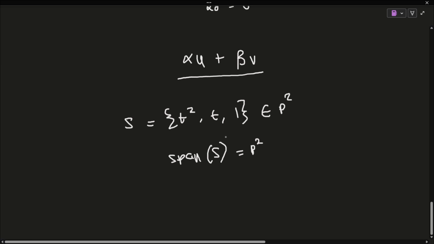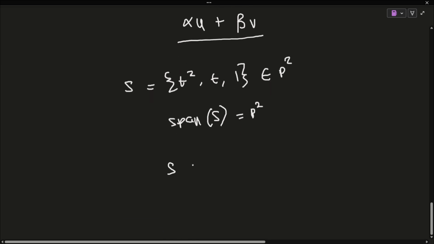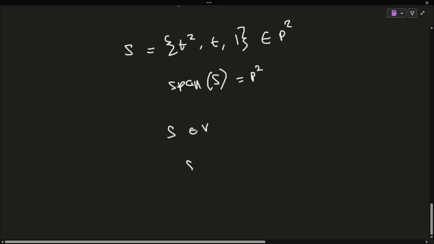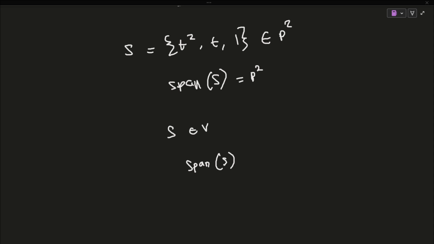And one thing to note here is another theorem. The span of a set of vectors S: if you have S belonging to V, and V is a vector space, then the span of S is going to be a subspace of V. I want you to try and prove this on your own.